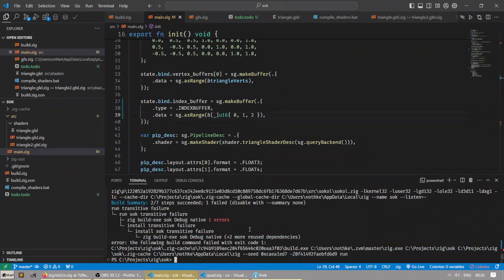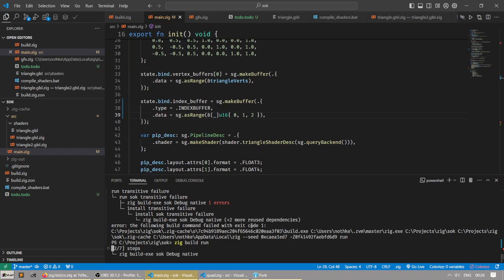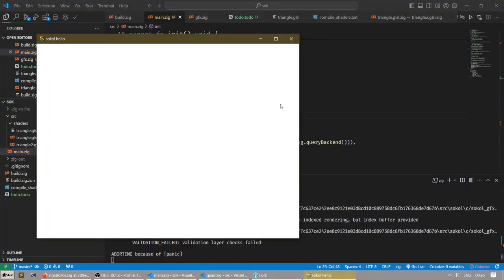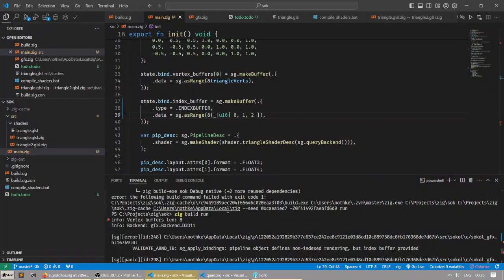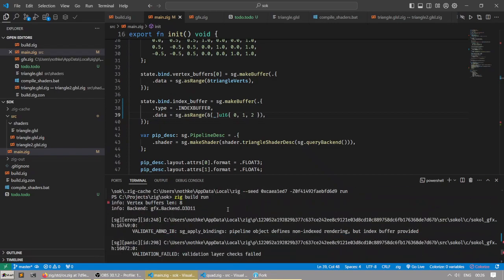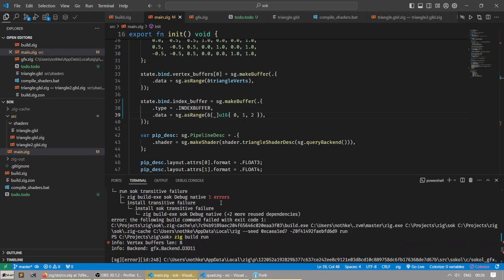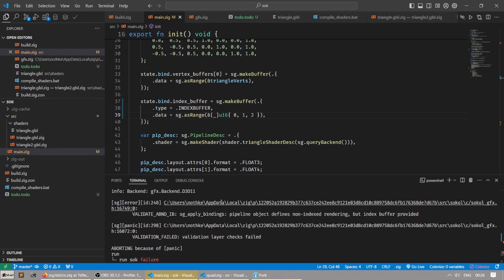This is a pointer, not a reference. There we go. And doom. Okay, let's see what it says. Pipeline object defines non-indexed rendering, but index buffer provided. There we go. This is why it happens, right?